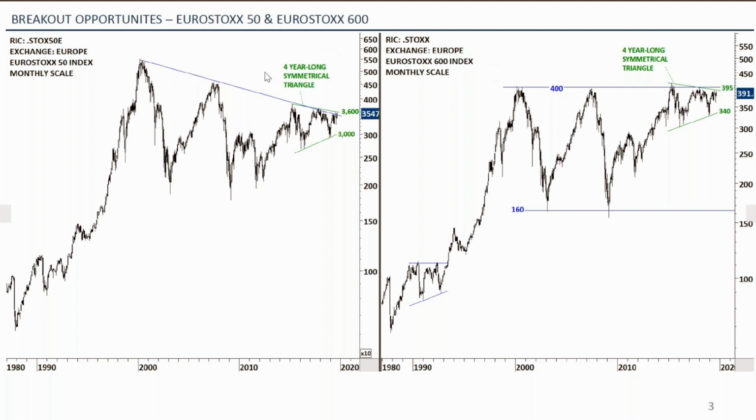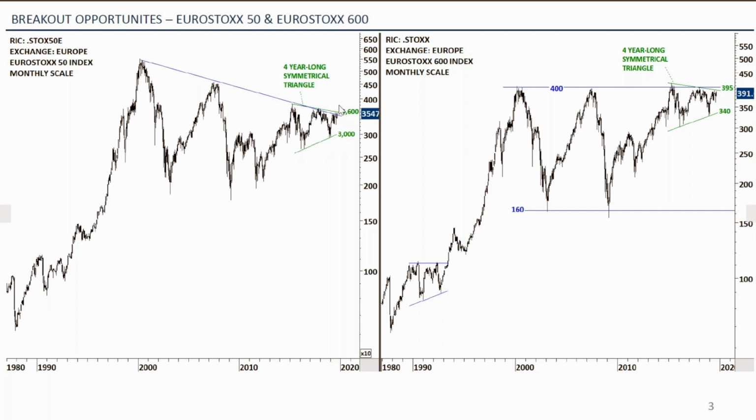Now, if you look at the chart on the left-hand side, this is Euro Stoxx 50, which has more European index components than the UK FTSE components. And we can see a downward sloping trend line. But again, even that downward sloping trend line is being tested several times, and looks like this symmetrical triangle wants to break out on the upside.